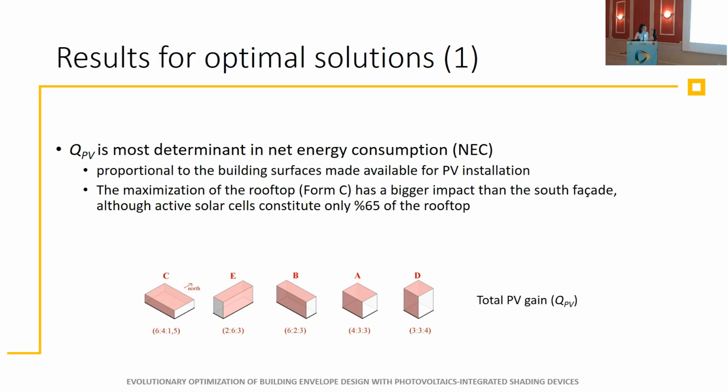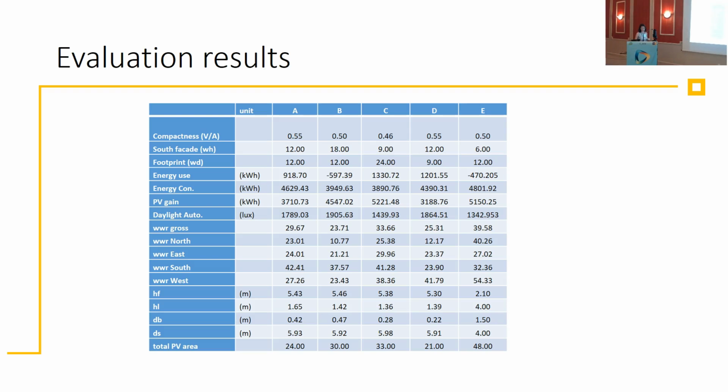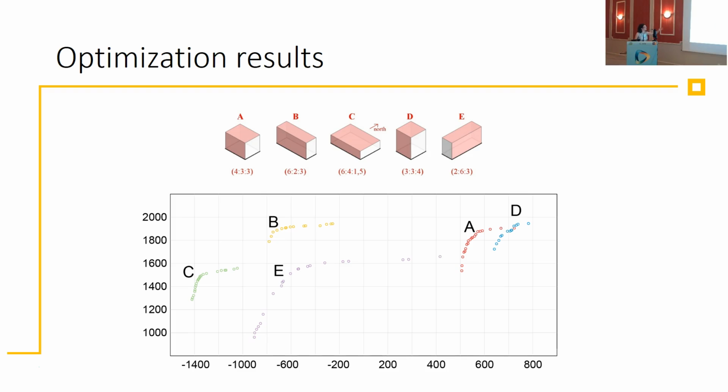The first one is that PV electricity generation is most determinant in net energy consumption, and as I mentioned, this is the main reason that the Pareto sets were shifting so drastically. And I think I forgot to write here what the axes mean.